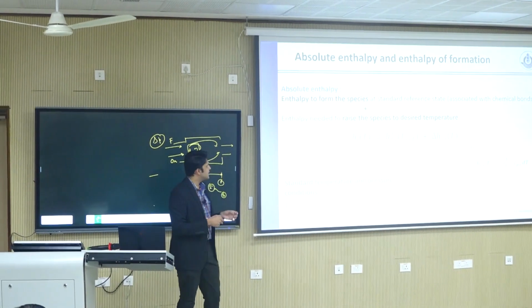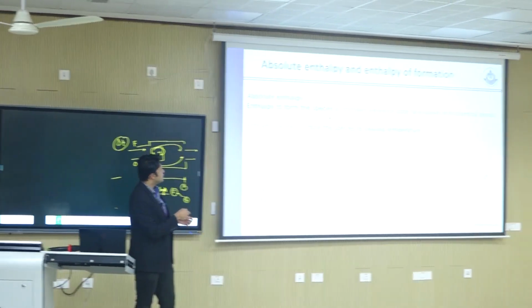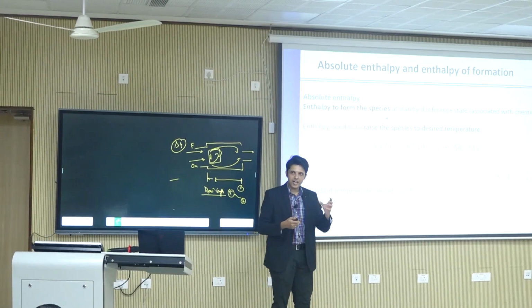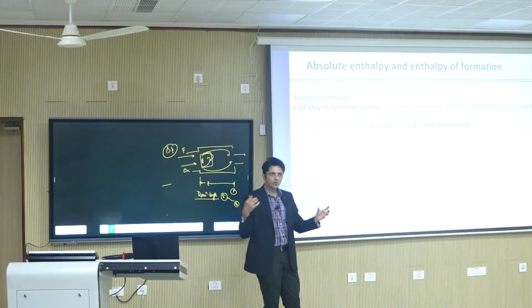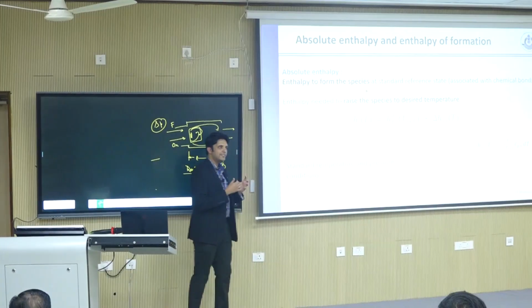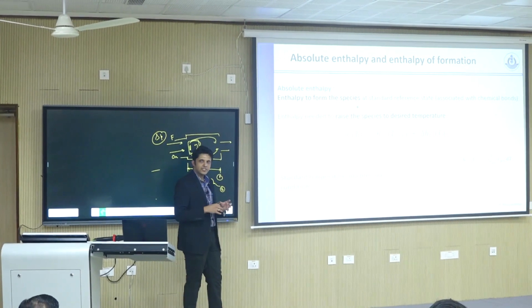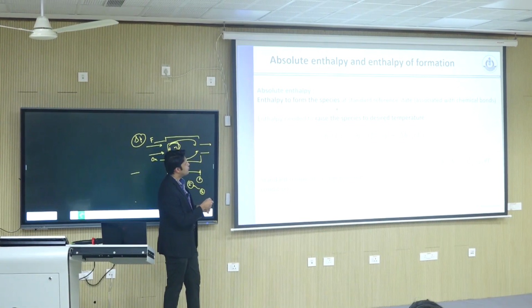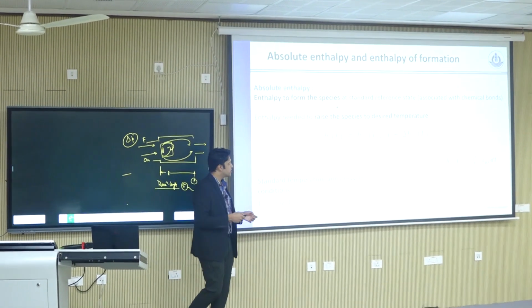The amount of energy required to form a chemical species, let's say CH4, which does not exist by itself, there is carbon and hydrogen, both form chemical bonds and then form the methane molecule. That is called your enthalpy of formation at standard reference conditions.